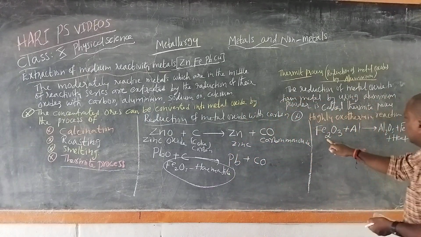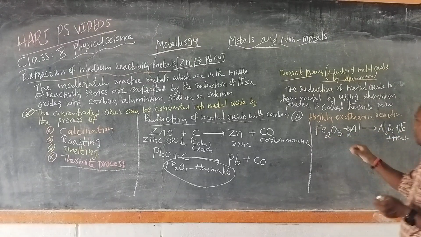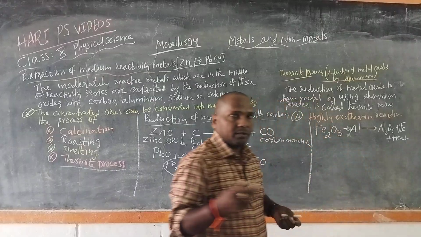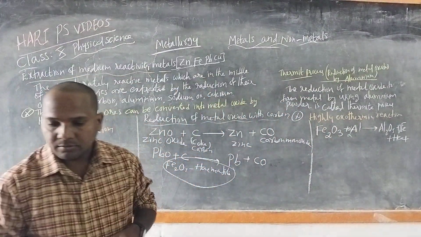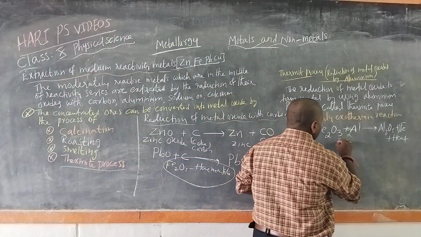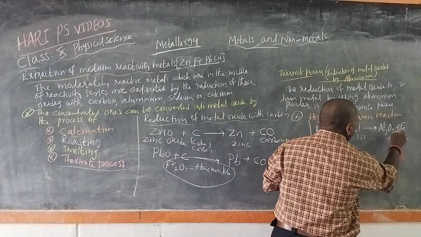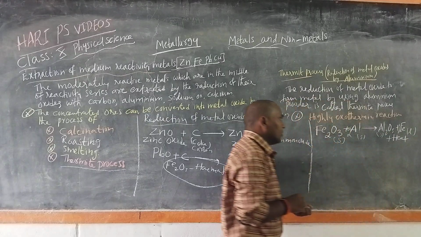So Fe2O3 plus 2 Al gives Al2O3 plus 2 Fe. Regarding physical states, the reactants are solid, and the iron is formed as a liquid, while the Al2O3 is solid.